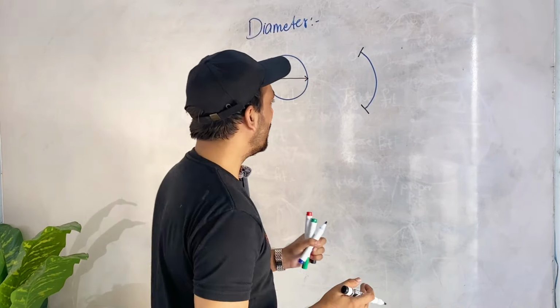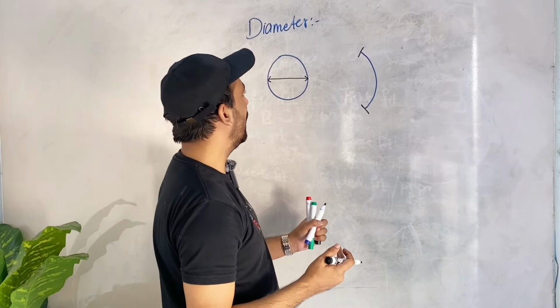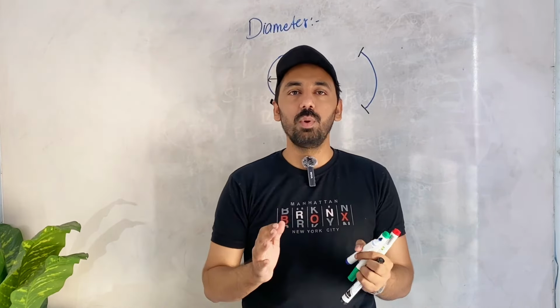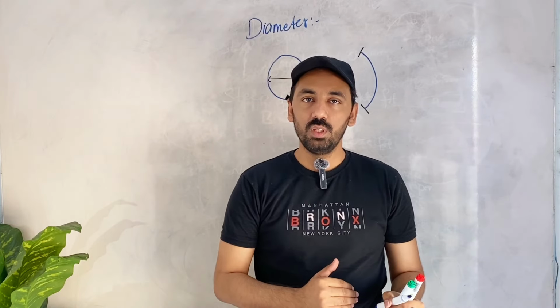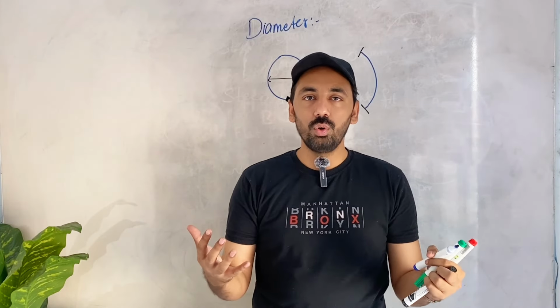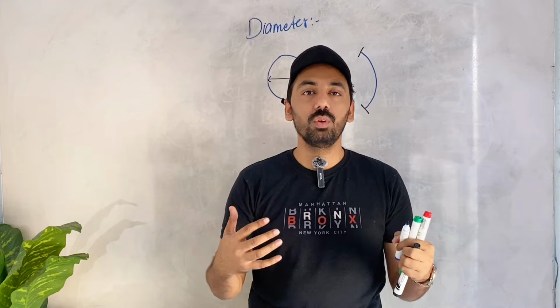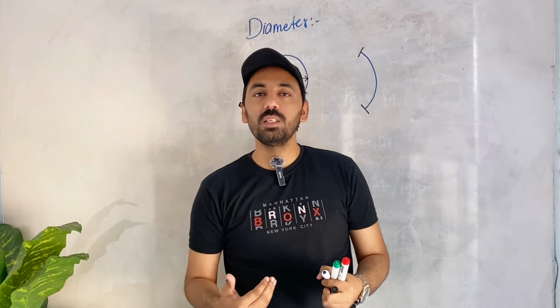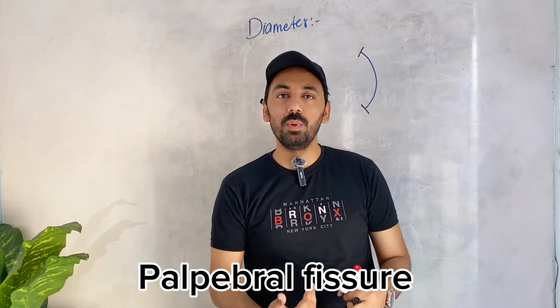So let's discuss some more important points regarding the diameter of the contact lens. The diameter of the contact lens depends upon the diameter of the cornea, right? The larger the diameter of the cornea, the larger will be the diameter of the contact lens, right? And the next thing is the diameter of the contact lens depends upon the palpebral fissure or palpebral aperture as well.